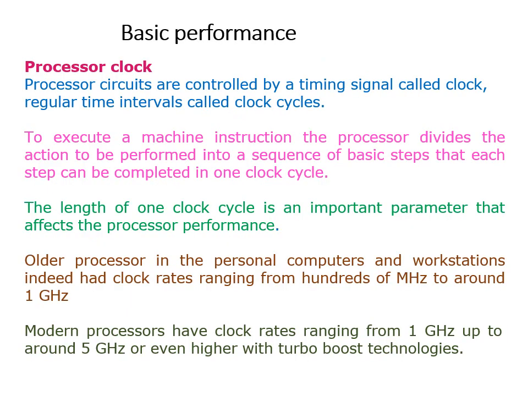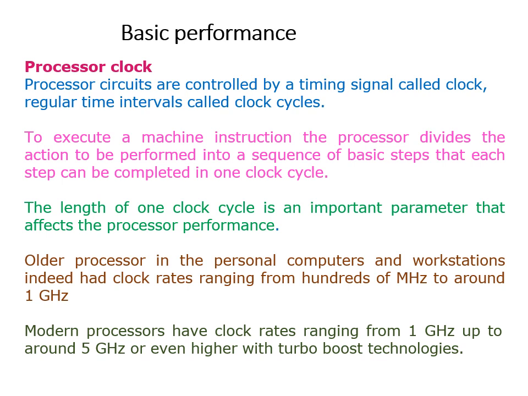The basic performance of the processor is evaluated by how fast the processor can process a single instruction in a single clock pulse. The processor clock is a controlled circuit which generates the timing signal called the clock, at regular time intervals called clock cycles.